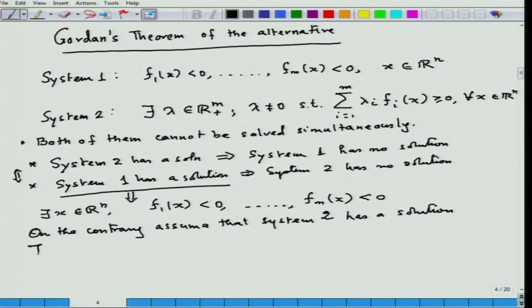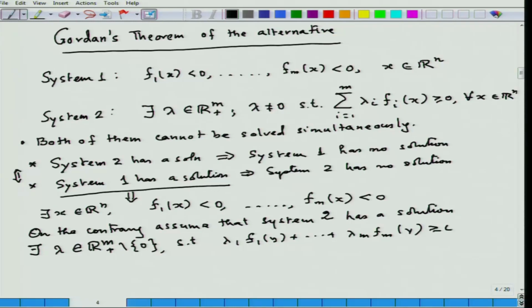So, there exists a lambda in Rm plus, but not the 0 vector, such that lambda 1 f 1 y plus dot dot dot plus lambda m f m y is greater than or equal to 0 for all y.